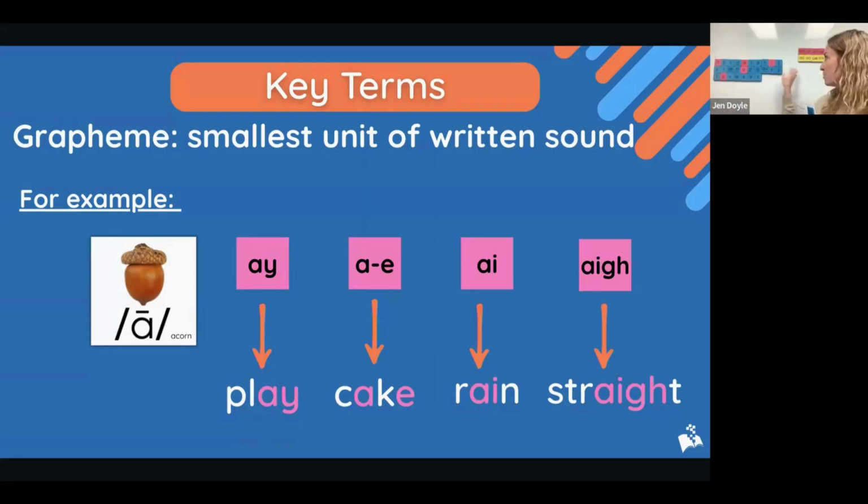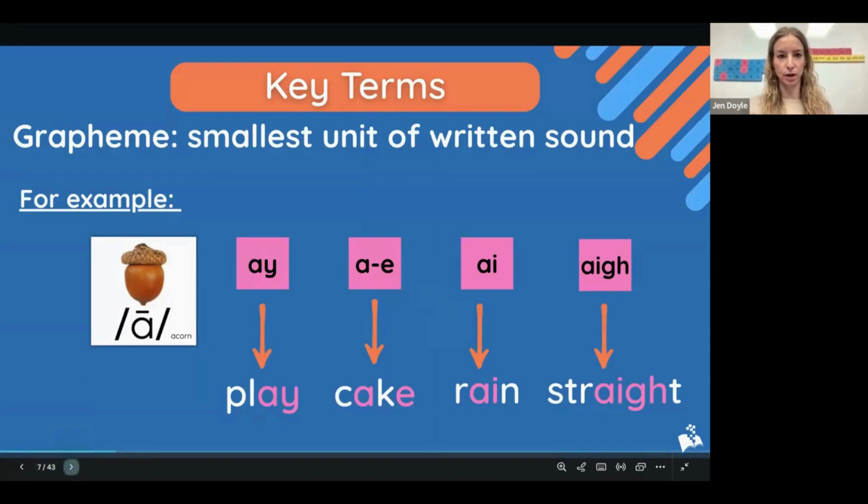And then you can see behind me here, I've got my vowel graphemes that are used. These are foam magnets that teachers can use to model and demonstrate, and students can then be following on their own board. So that is graphemes.